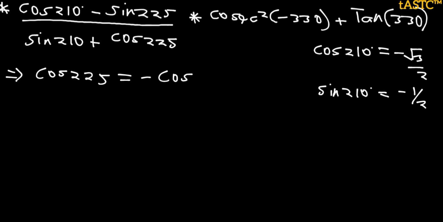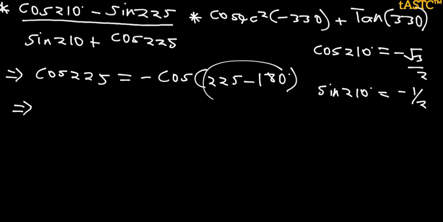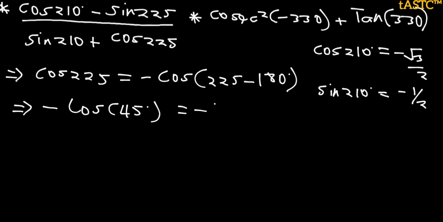So that will be negative cosine, and here you're going to have 225 minus 180 degree. If you take 180 degree away from 225, that will give you a cos of 45. Now cos 45 is root 2 divided by 2. That is what you have.